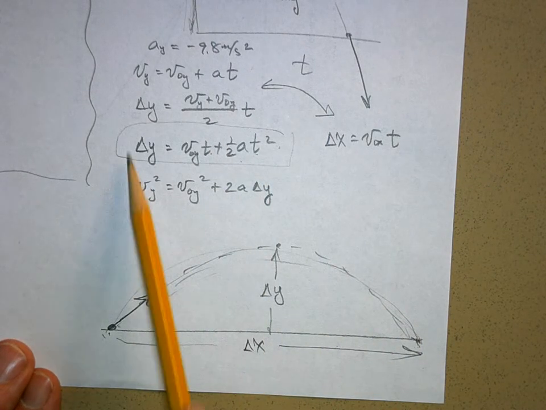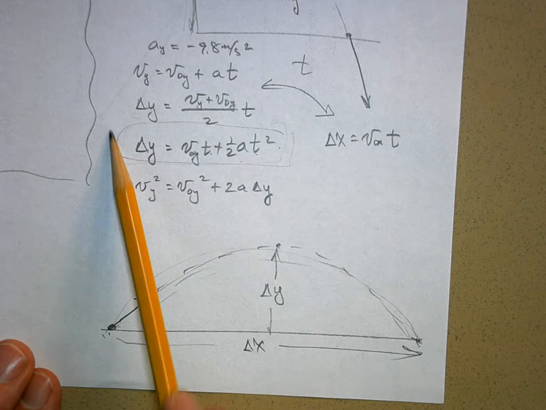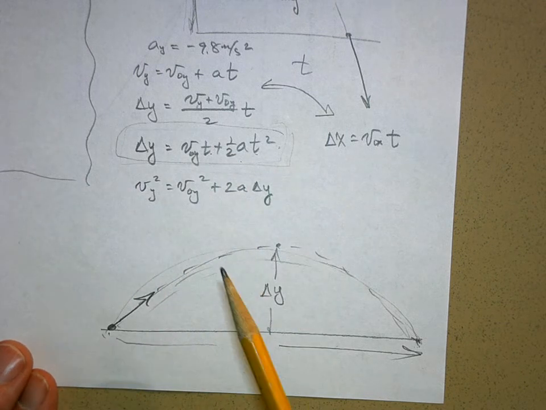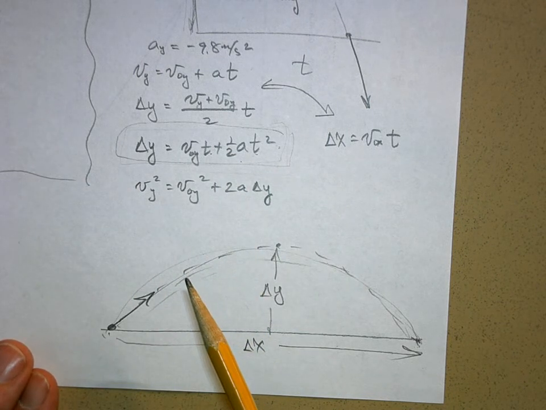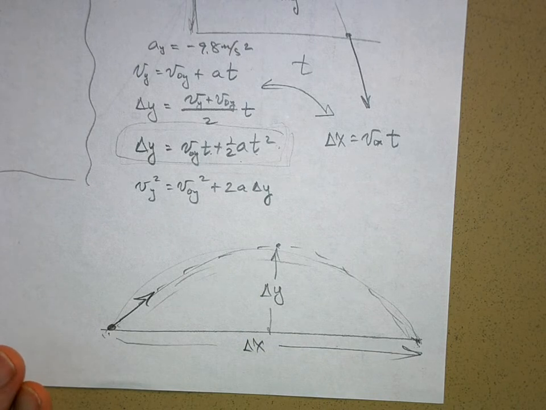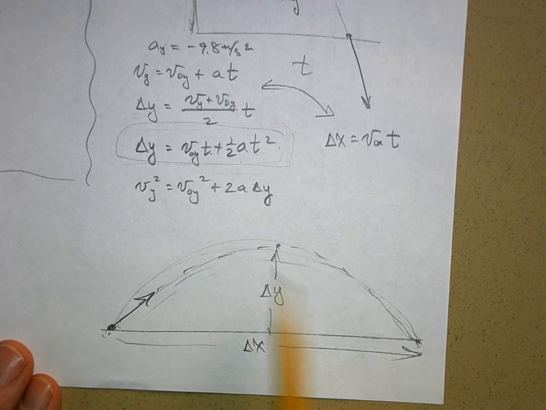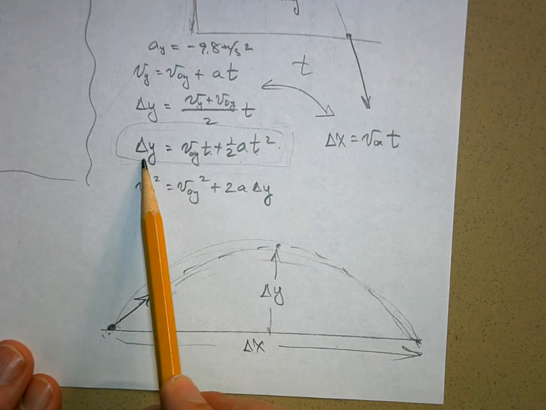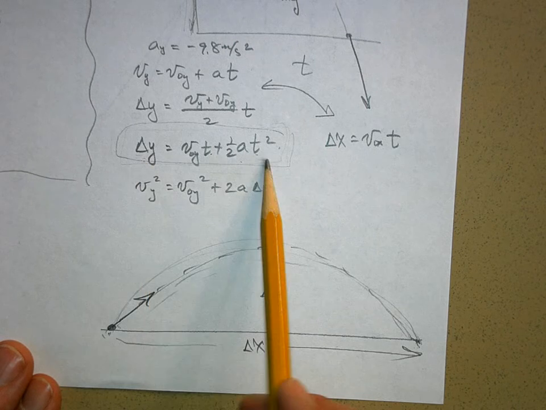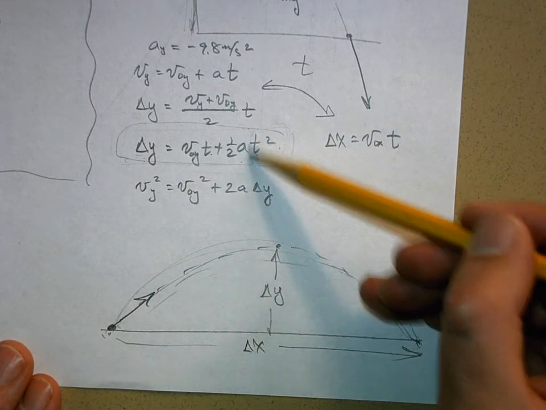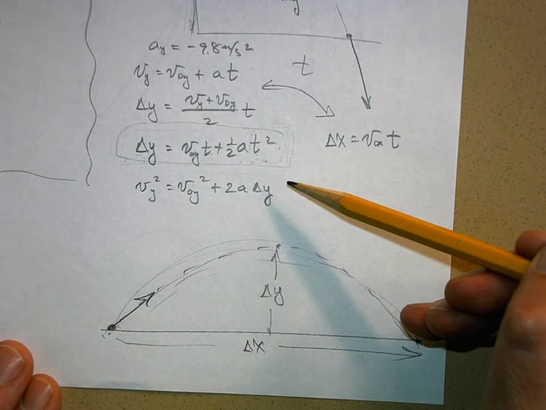If I rewrote this so that it equals 0, this would be a quadratic equation in time. And quadratic formulas usually have two answers. The first answer would be 0, 0 time. At 0 time, it has a delta y of 0. Yeah, but that's pretty boring. And I want the time it takes for it to go from here to here. So set delta y equal to 0. Divide both sides by t. You're going to have a t left over right here and solve for it. And that'll give you the time of flight.